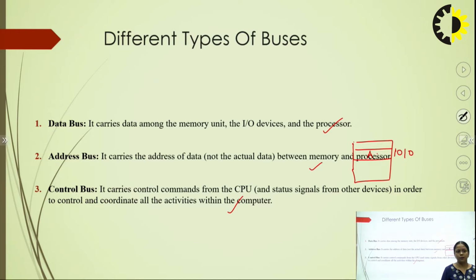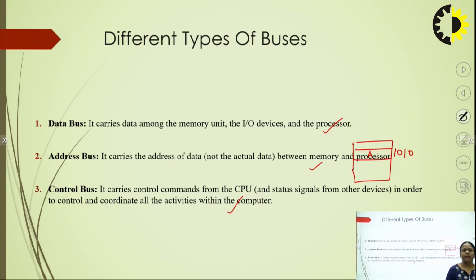Control information means the signals generated as control signals. You can say memory read, memory write, all these are our control information or control signals. These control signals are generated by our control unit, which is part of our CPU.